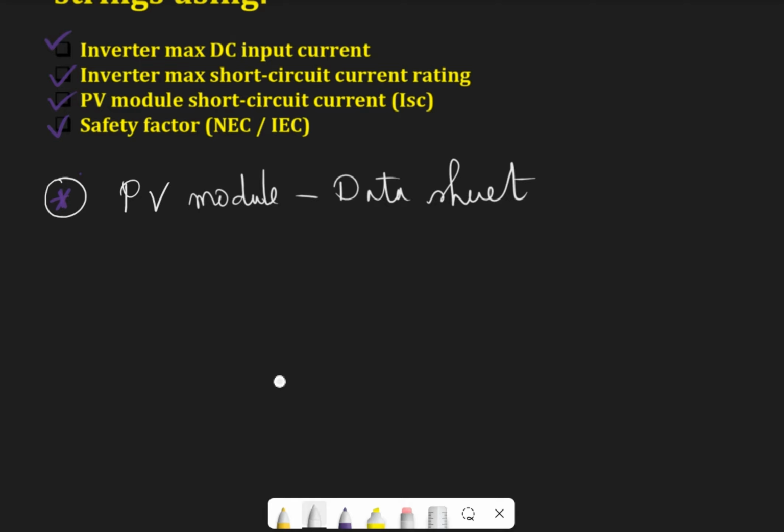Where we actually have the short circuit current of the module.